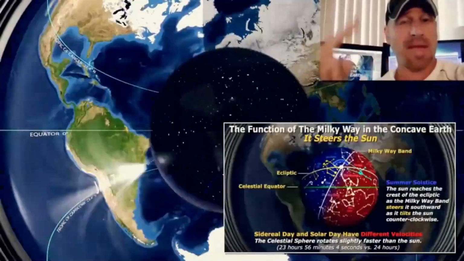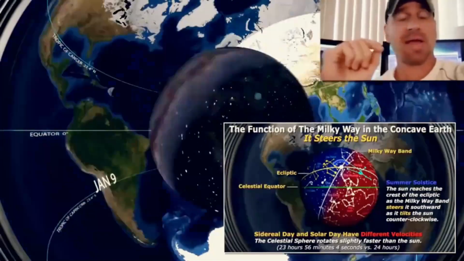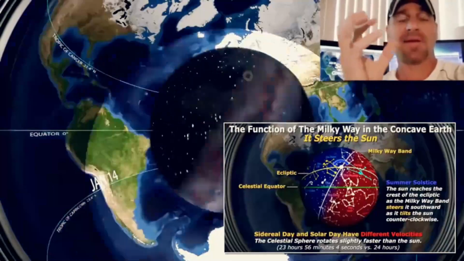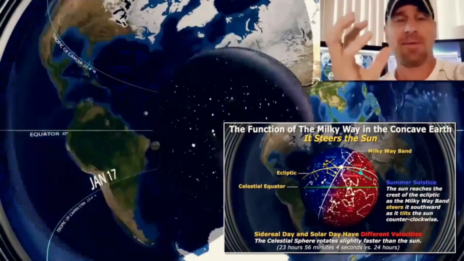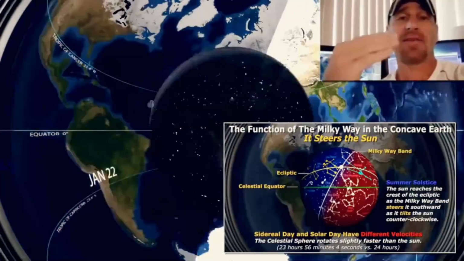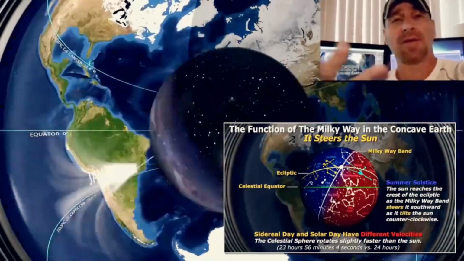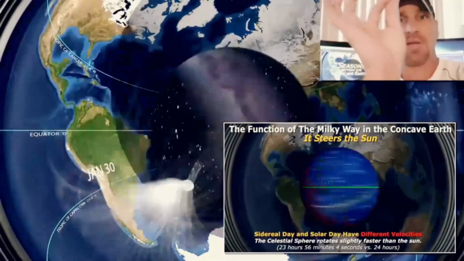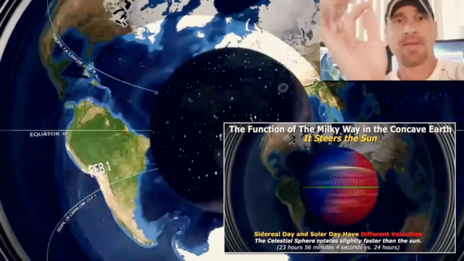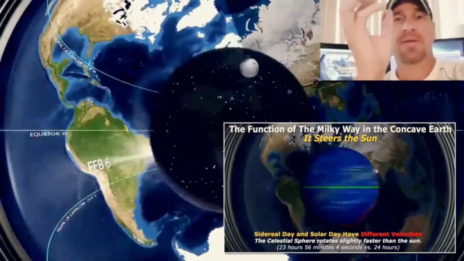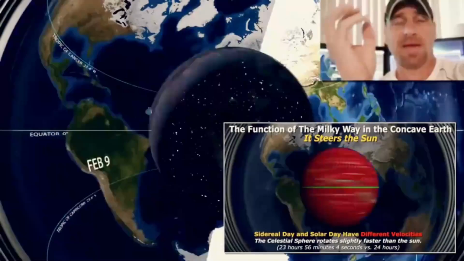The Milky Way band, it's a band, it's not a spiral galaxy. It's actually a literal band that separates the celestial sphere into two different hemispheres, two different magnetically influenced hemispheres that actually steer the sun. So the Milky Way band has a function. When the sun crosses that galactic plane every 6 months, it's also exhibited by the Ulysses satellite. They show that every 6 months the sun is oscillating back and forth.